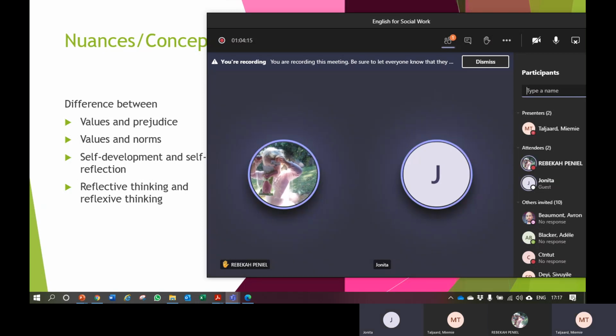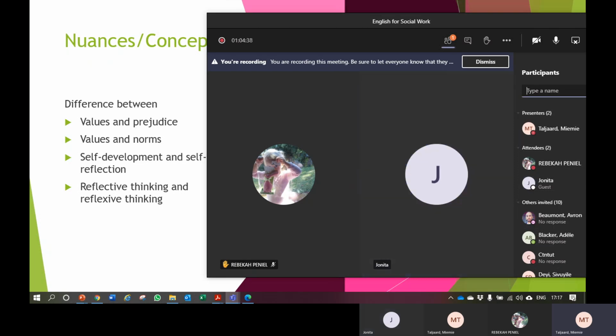If they ask you, do you think you have the characteristics to become a good social worker? Can you see that is an example of reflexive thinking? When you do the report, it is reflective thinking.